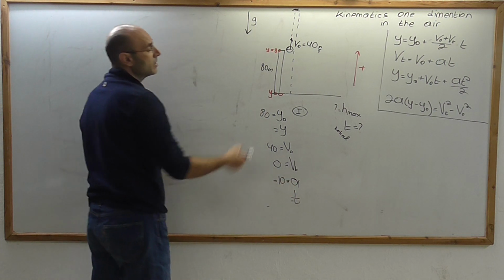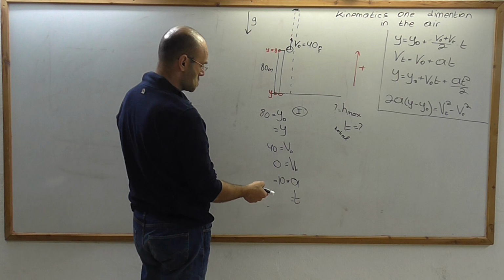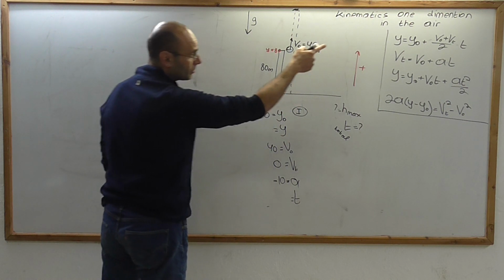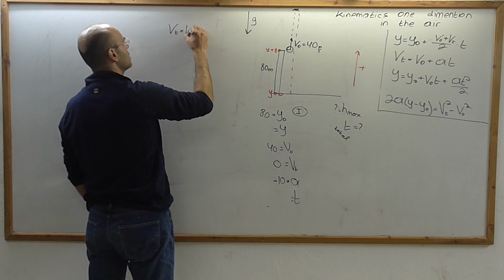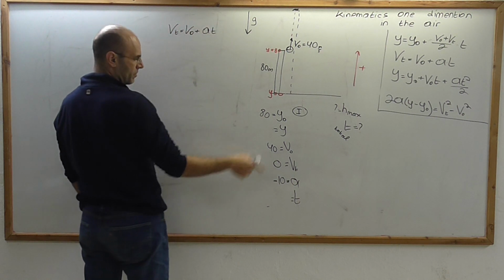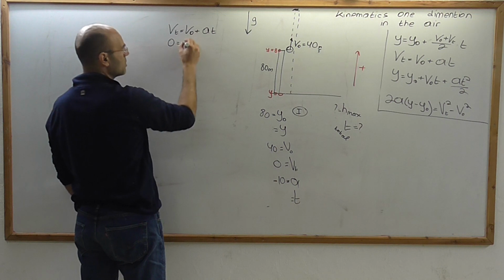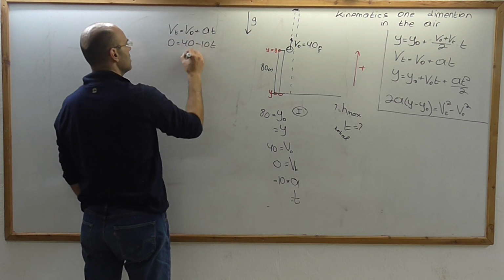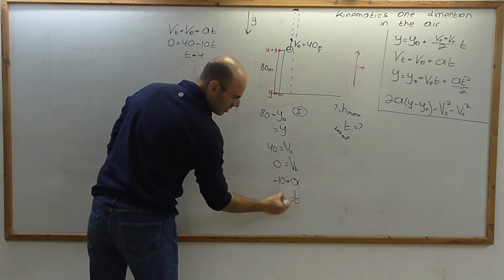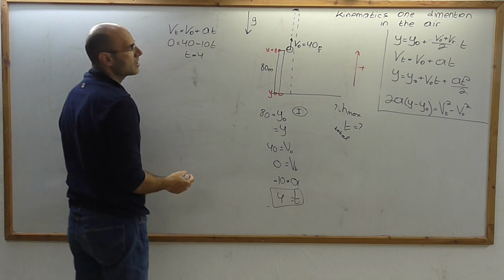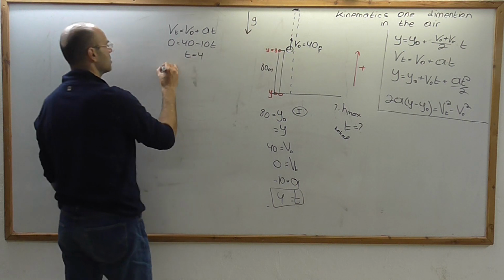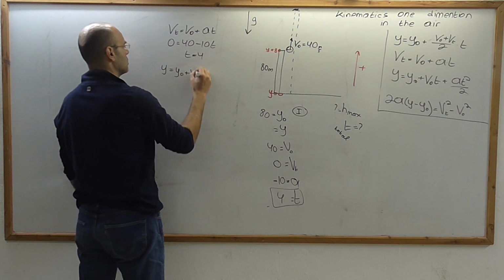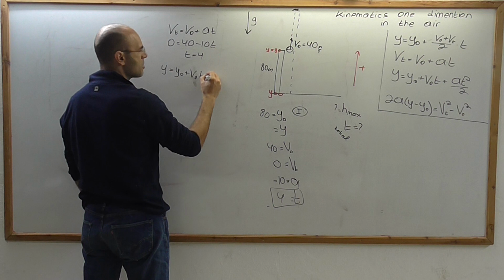So let's calculate it. Let's find the T first. It doesn't matter which we do first. Vt equals V0 plus at. So V final is 0 equals 40 minus 10t. T equals 4. I found the T. And let's calculate the H max with the third equation.